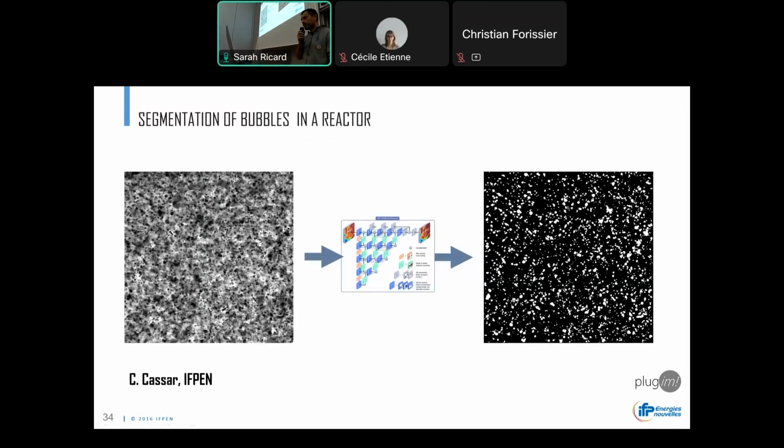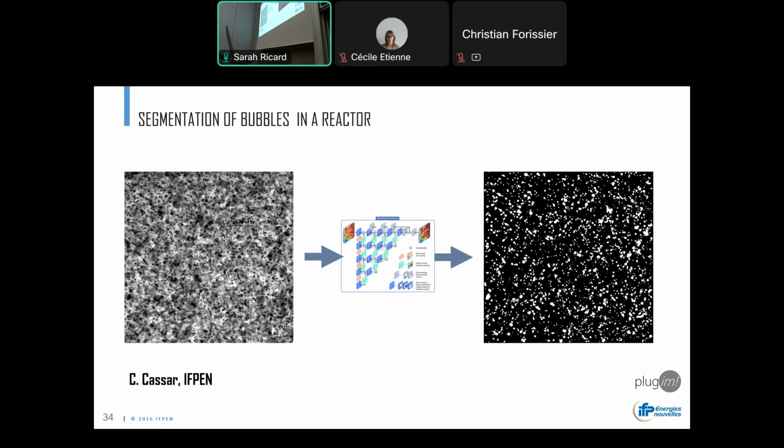Another interesting example for me, because I think the problem is very hard to solve with classical image processing, and with deep learning it's solved very accurately. It's work done by my colleague Cyril Cassard at IFPEN. As you can see on the right, it's some bubble observation in a reactor. There are a lot of bubbles, and the bubbles are in black.